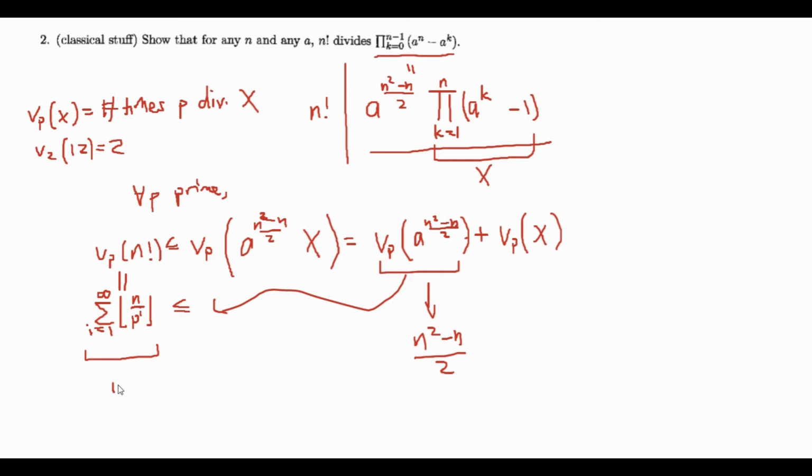So if we get rid of the floors, this thing is less than or equal to the sum from i equals 1 to infinity of n over p to the power of i, which is equal to, by the geometric series summation formula, n over p minus 1. And this is clearly less than or equal to n squared minus n over 2.